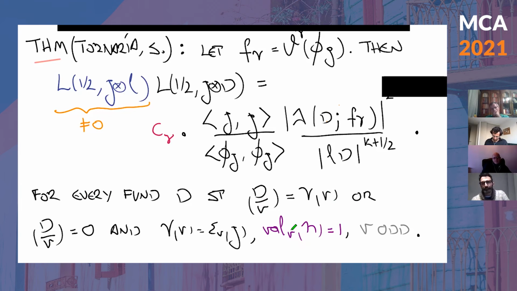Okay, so there are two conditions that we needed for this to hold. One of them hopefully will be lifted in the future. We are having some trouble handling even discriminants at even places, but this is going to be solved once we take care of some details.